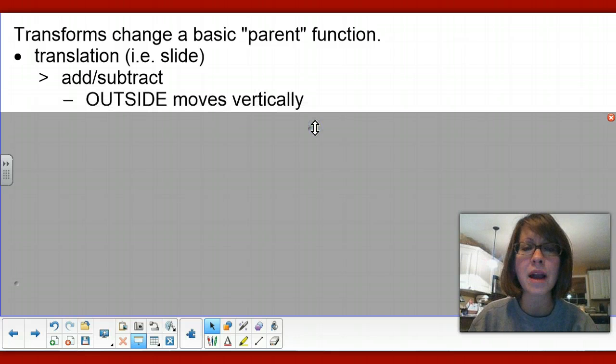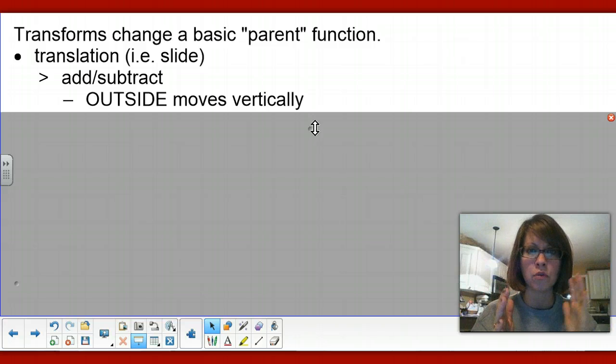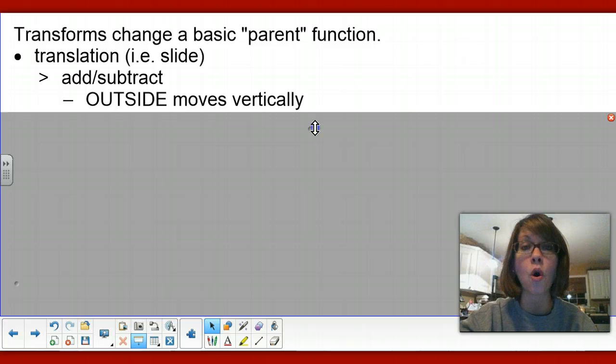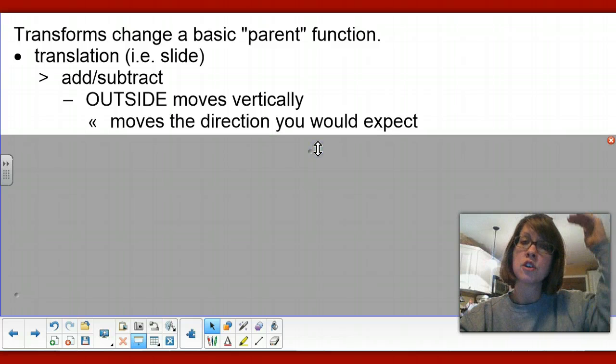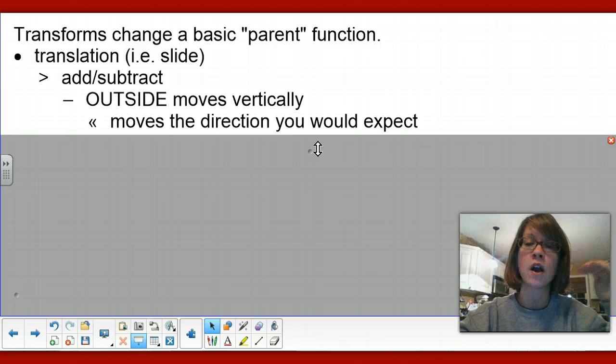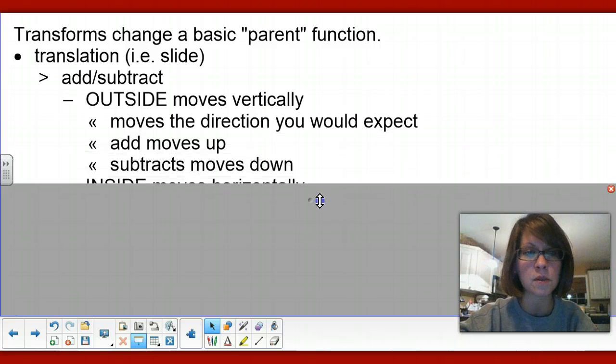If you add or subtract outside the function, that means if you have absolute value, you take the absolute value of x, and either before it or after it, it will say +2 or -5 or something like that. Okay? If you add or subtract outside, it's always going to move vertically. And what we like about it is it always moves in the direction you would expect. If you add 2, it shifts up 2. If you subtract 5, it shifts down 5. It's exactly what you would expect. Add moves up, subtract moves down.